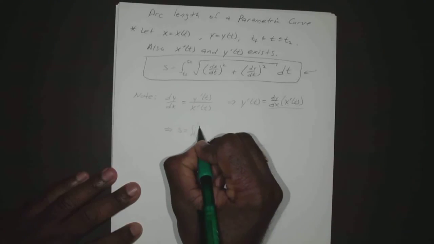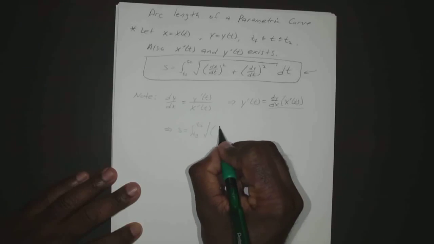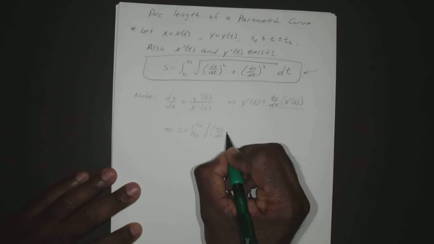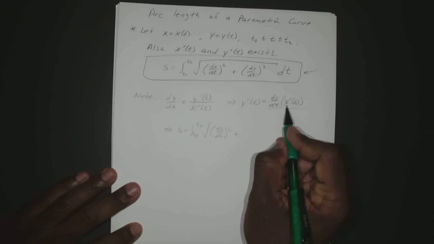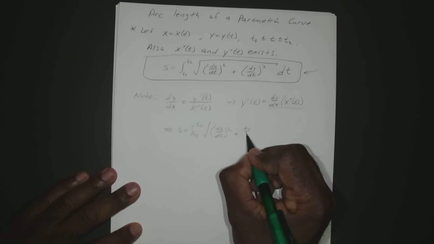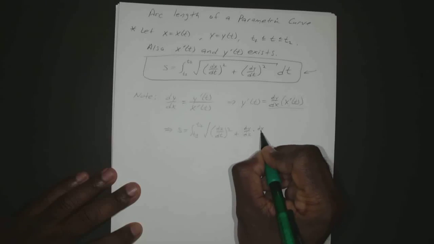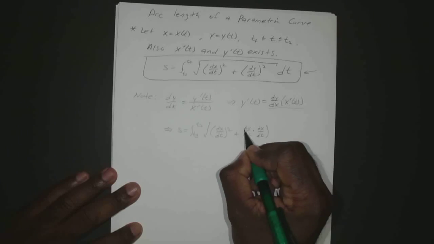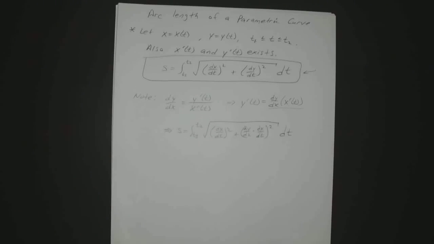From t1 to t2 of the square root of dx dt squared plus dy dx times dx dt, squared, with respect to t.